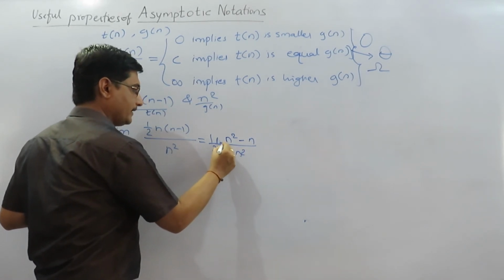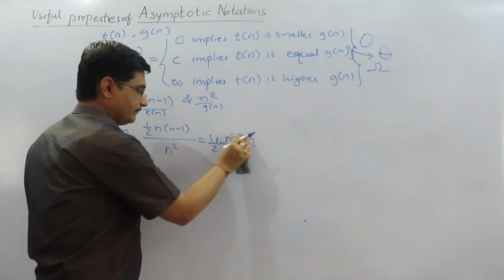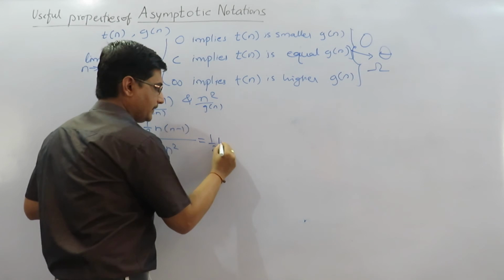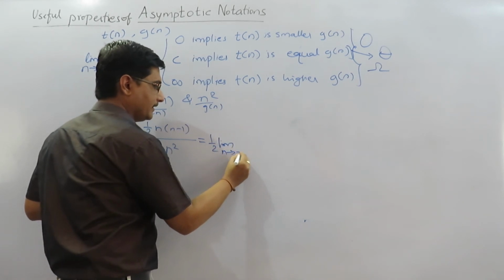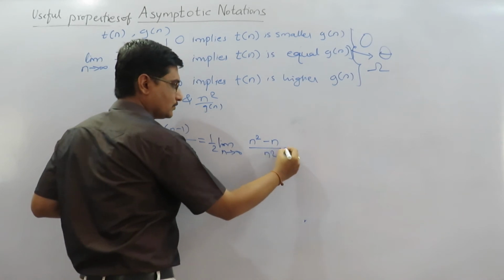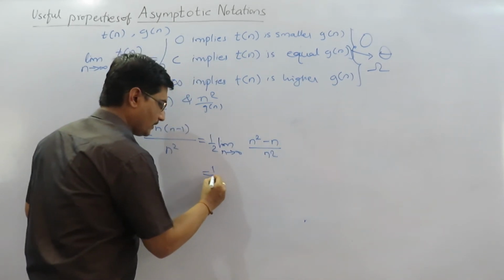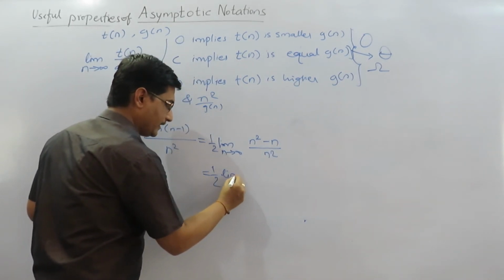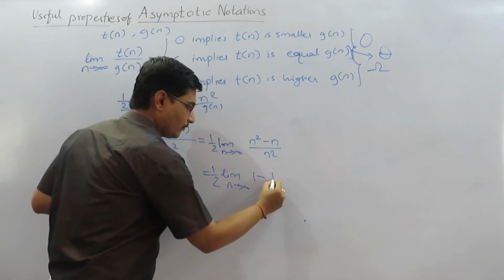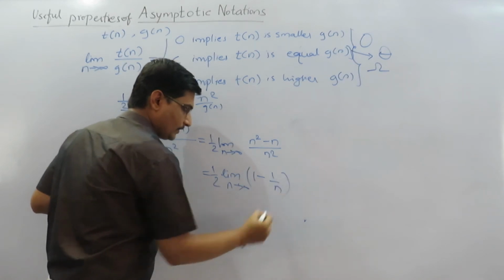Sorry, so I need to apply the limit. Limit as n tends to infinity, n square minus n divided by n square. So this is equal to 1 by 2 limit as n tends to infinity of 1 minus 1 by n. Right?